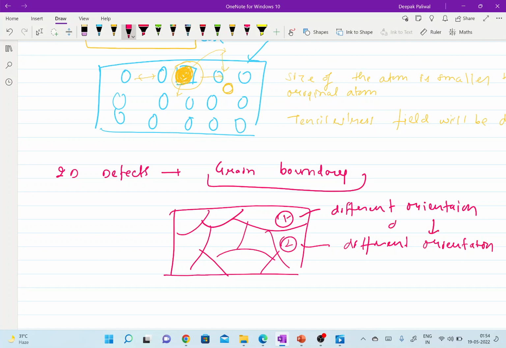Due to the difference in orientation, there will be a boundary generated between these two grains. So the boundary which separates the two grains is called the grain boundary.